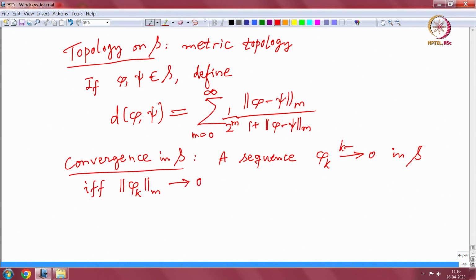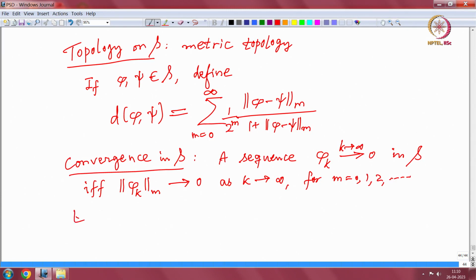So, let me write that, for m equal to 0, 1, 2, etc. Okay. So, that should happen.